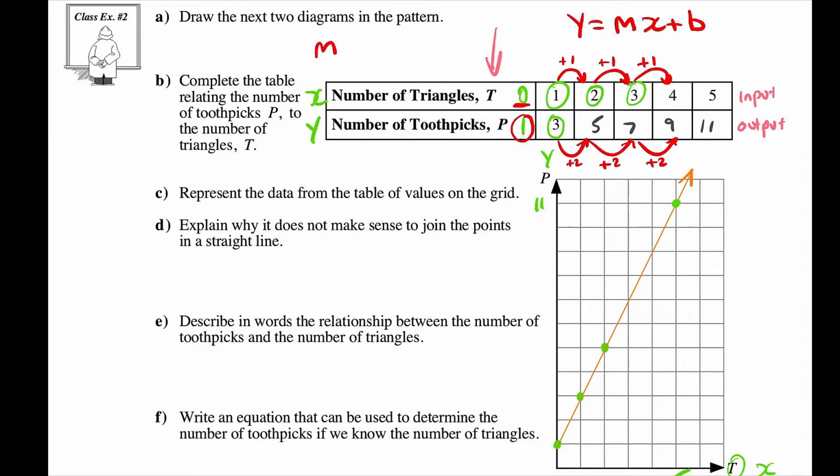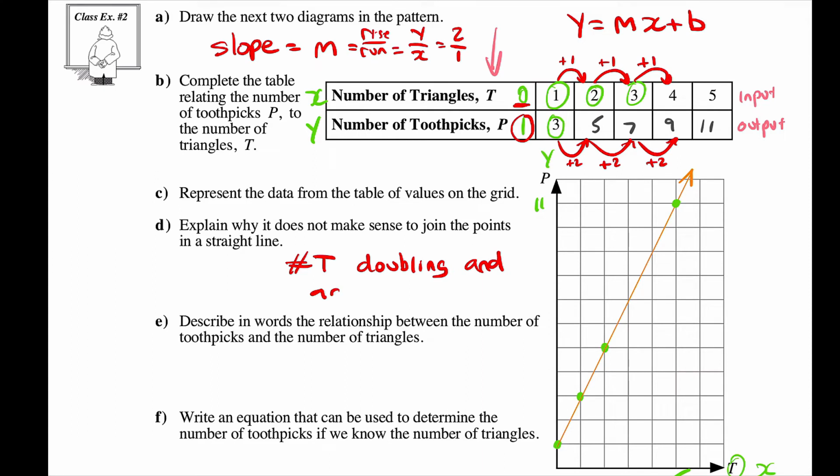And remember that slope is equal to m, and m is equal to rise over run, and rise over run is equal to change in y over change in x. Well, the change in y is 2, and the change in x is 1. So that's why we're taking the number of triangles and we are doubling it and adding 1.